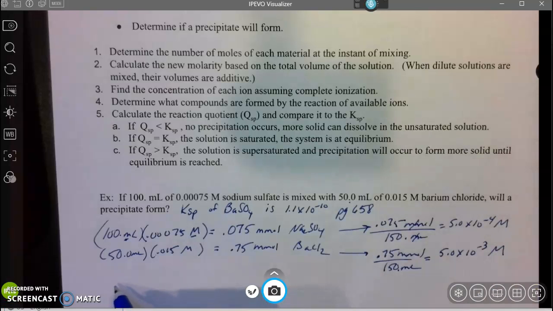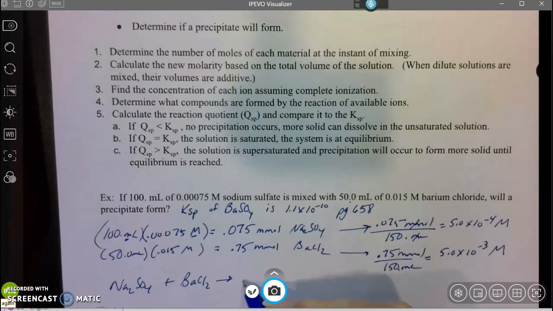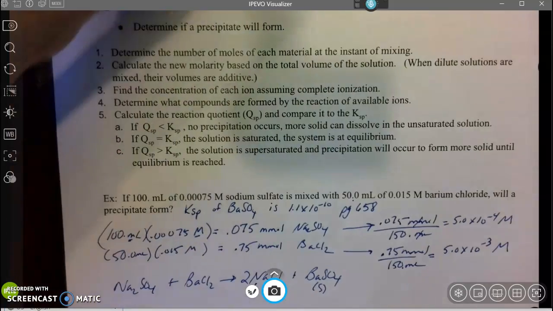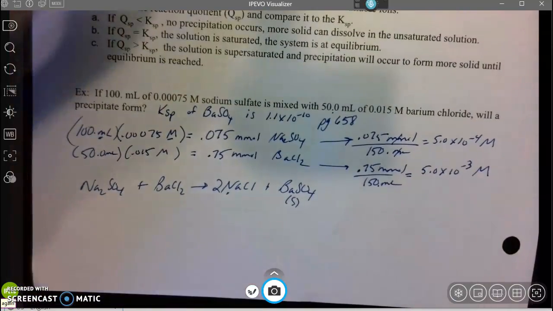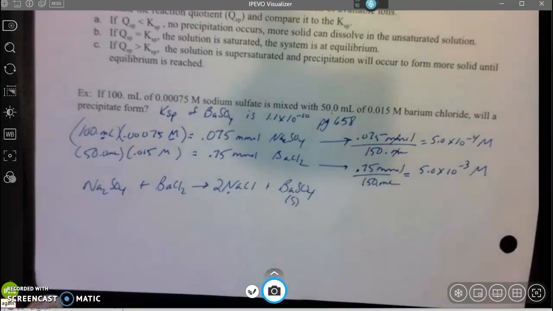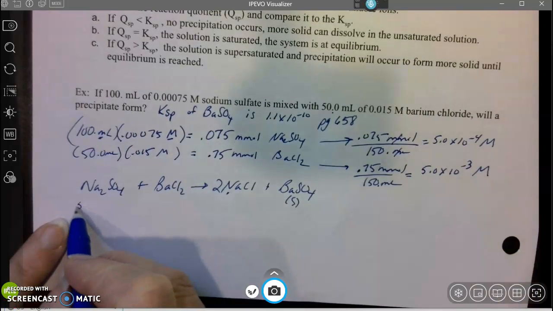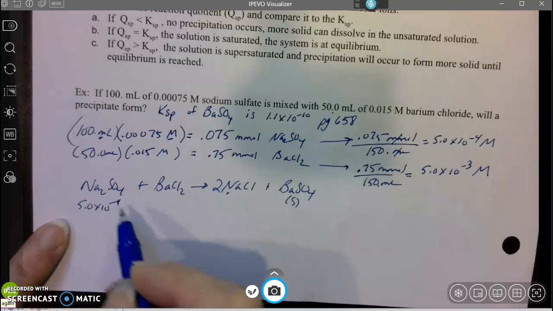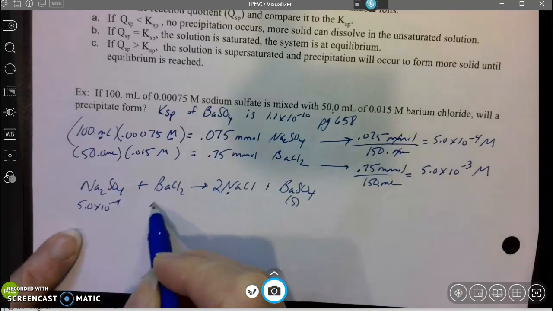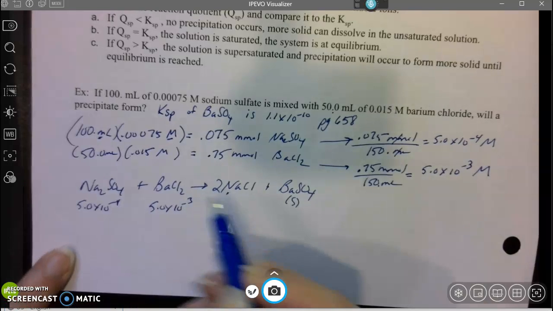So when I react these two, sodium sulfate and barium chloride, I'm going to get NaCl and barium sulfate. So sodium compounds are always soluble, so barium sulfate is going to be your precipitate. So I have 5.0 times 10 to the negative fourth and 5.0 times 10 to the negative third.